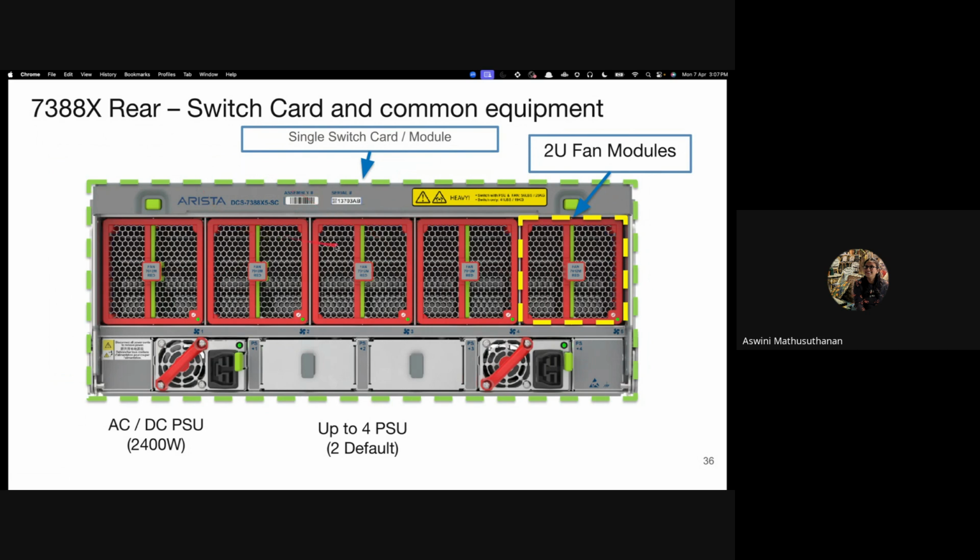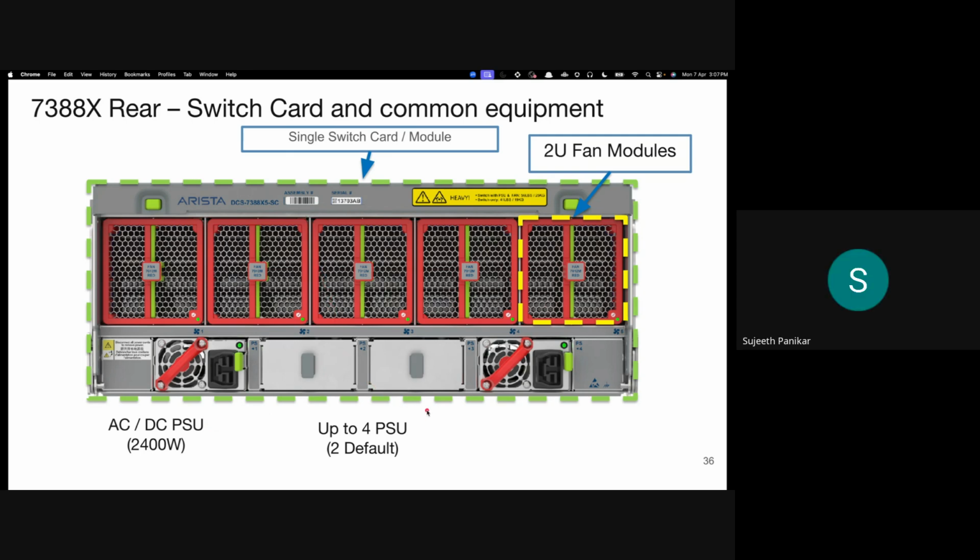Because in Glacier, we had to remove all the fans before we reach the switch card itself. But here, the switch card is on top above the fans, so we can easily remove. That doesn't mean that it is hot swappable. It is still not hot swappable, but it can be easily removed from the rear side. It doesn't change the cables just because we are removing this.